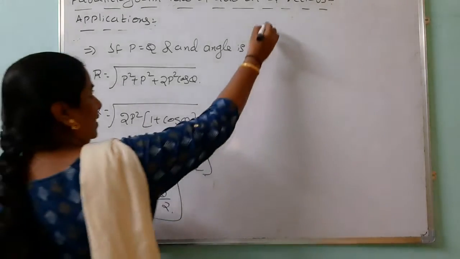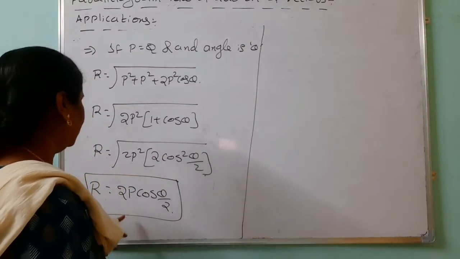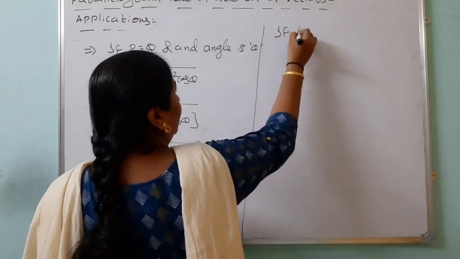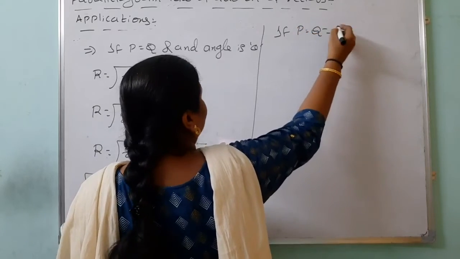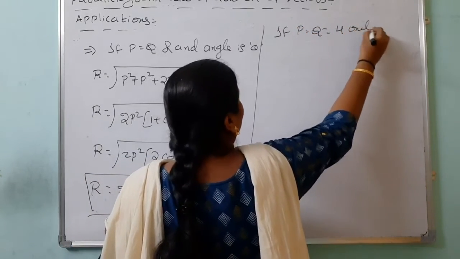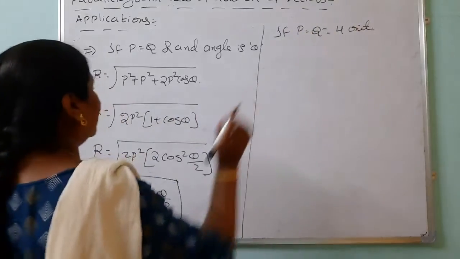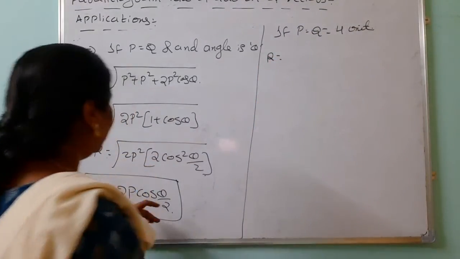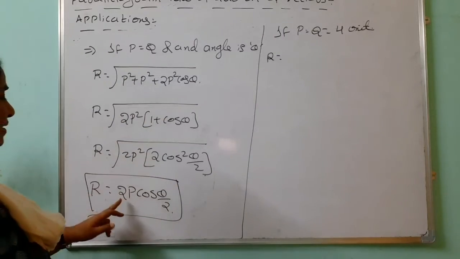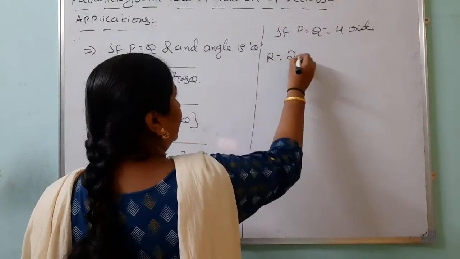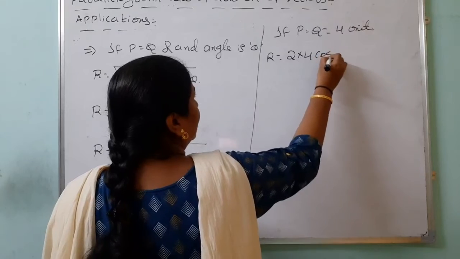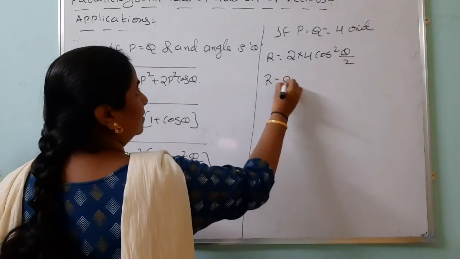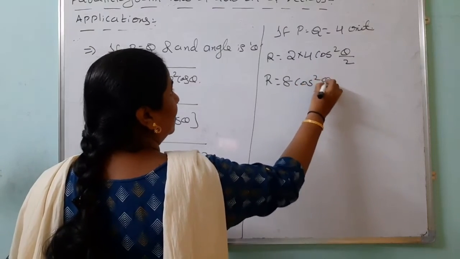We do one problem based on this. See, here P equals Q. If in problems P equals Q equals 4 units, both are same, and the angle they mention is theta, how to find out R in this case? No need of going through all these things, simply you should write it. 2 into P value 4 cos theta by 2. Then R equals 8 cos theta by 2.